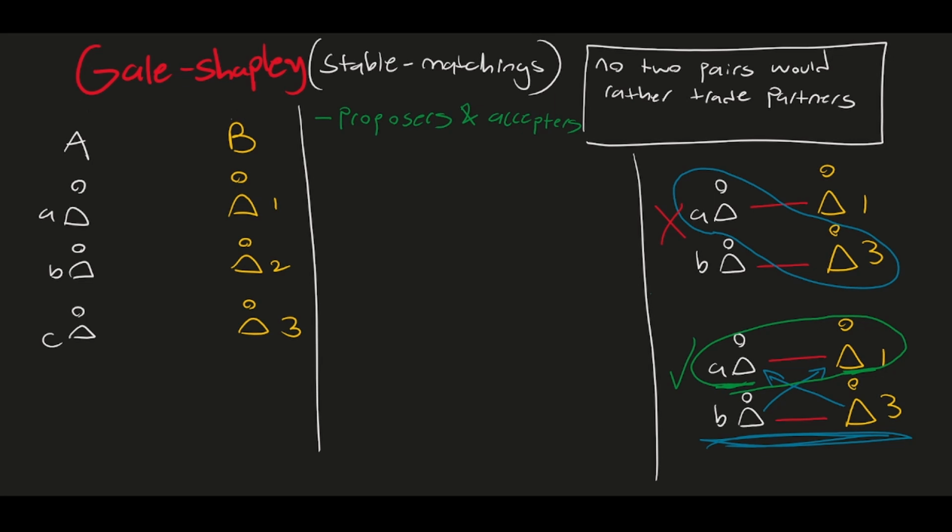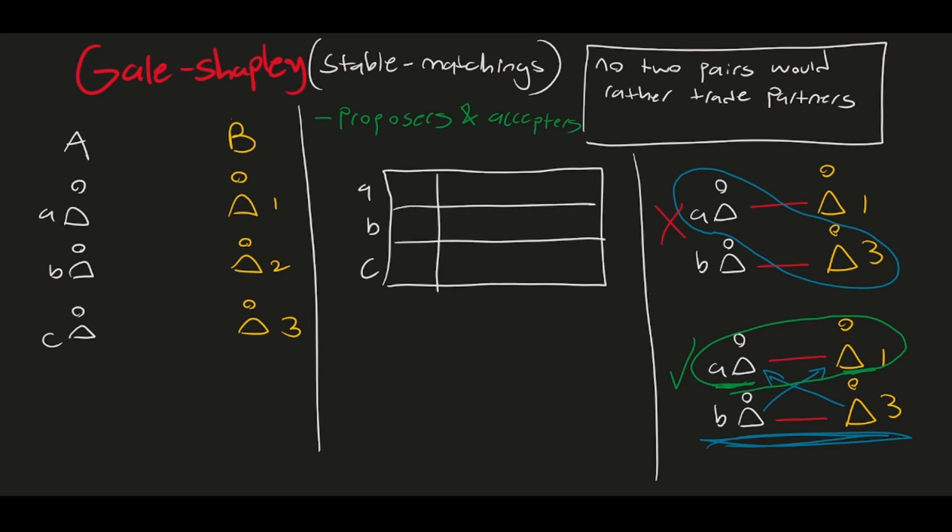Now, the Gale-Shapley algorithm takes an acceptor and a proposer. It also takes preference lists. So let's create a preference list for A. It's going to be 3 by 3 since there are 3 people to propose to.